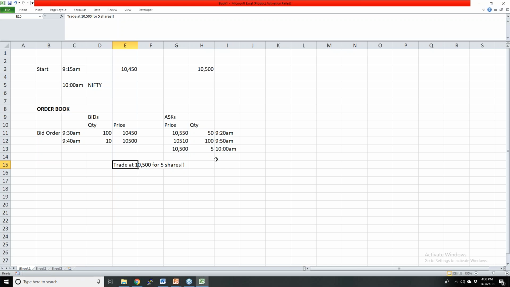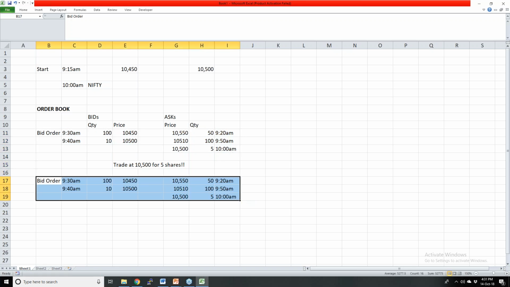Yes, a trade, and very important, the trade would happen even if the quantities don't match. So here it was 10. He wanted to sell 5 shares. So a trade at 10,500 for 5 shares will happen, and the order book now will look like this.